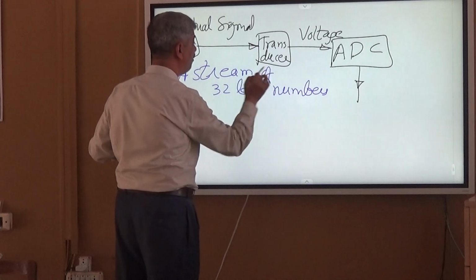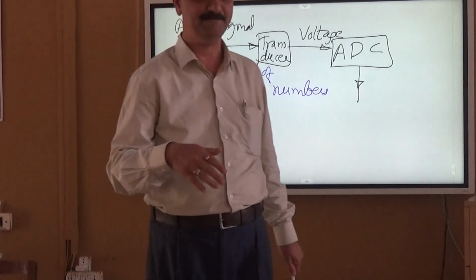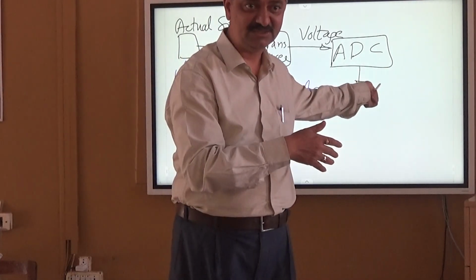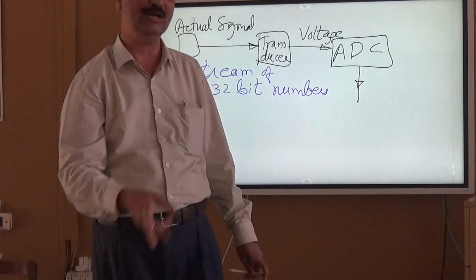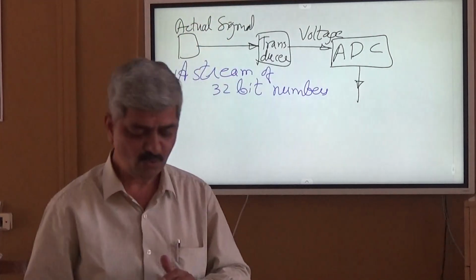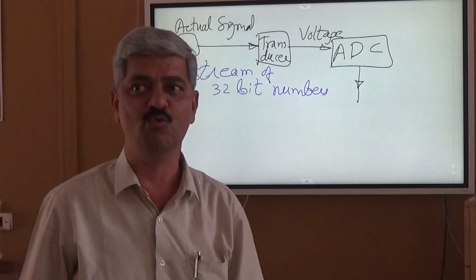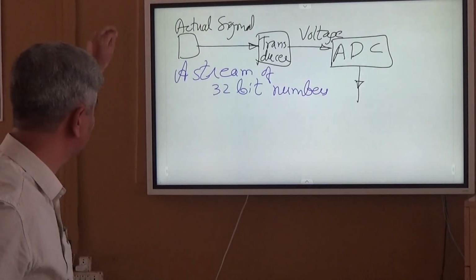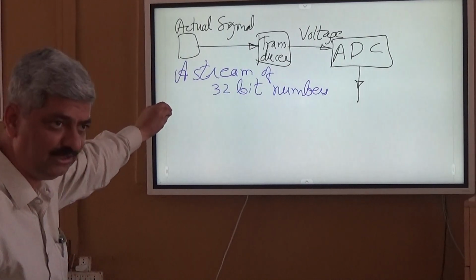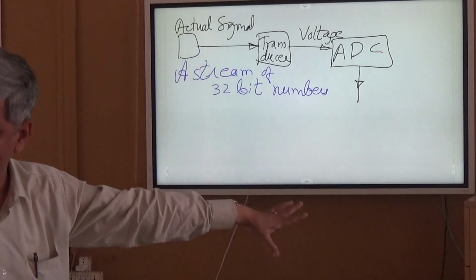A stream of 32-bit numbers is generated and it is stored, because if it only generates, it is likely that you can't process it immediately. So it is stored. There are two parts: one is real-time processing and the other is offline processing. So the transducer converts the actual signal into voltage, the ADC converts that into digital samples, and those are stored.